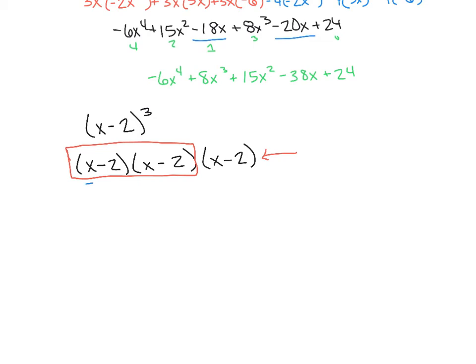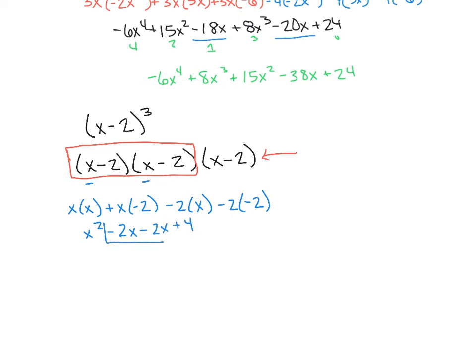If we look at our first, we have x times x. Our outside, x times negative 2. Then our inside, negative 2 times x, and our last, negative 2 times negative 2. So we multiply and get x squared minus 2x minus 2x plus 4.